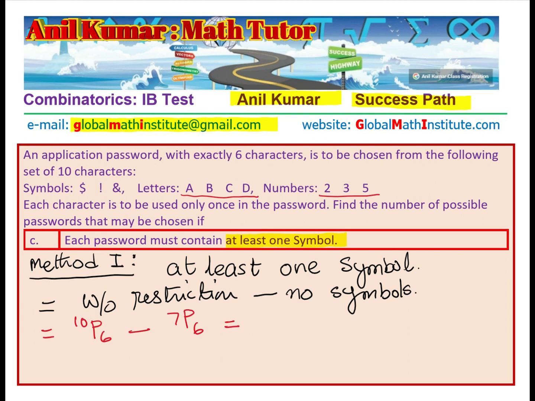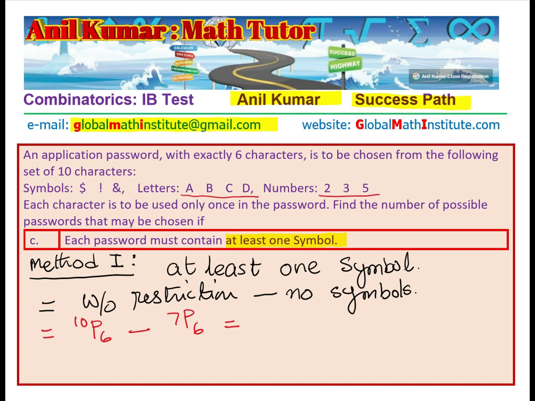So that is our answer for part C, where at least one symbol has been used. So from all possible combinations of these passwords, we have to take away those in which there are no symbols at all. Then we are left with those which have at least one symbol. Makes sense, right? That is the key for this particular solution.